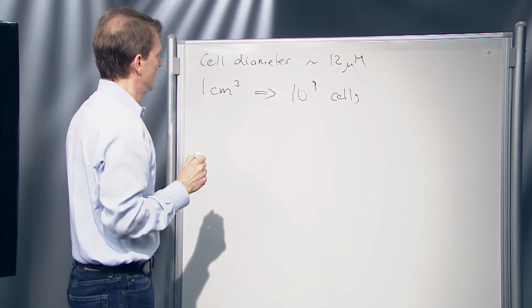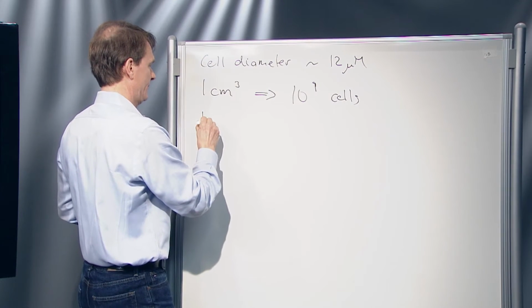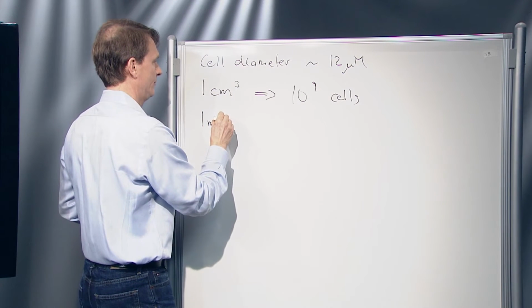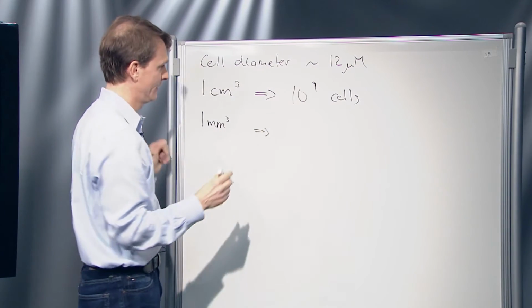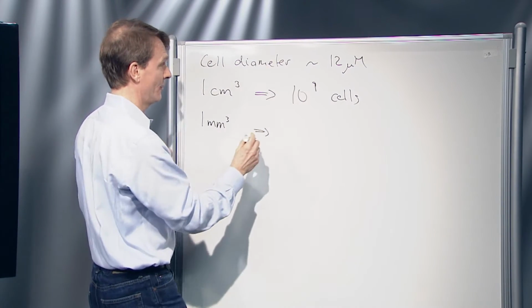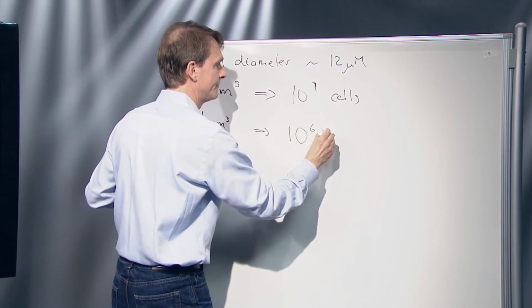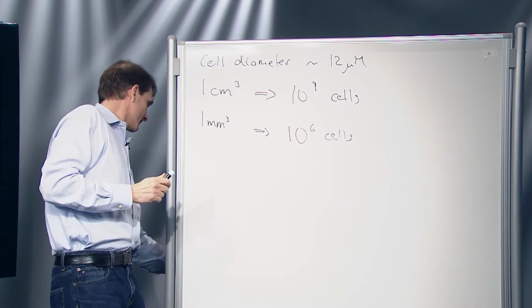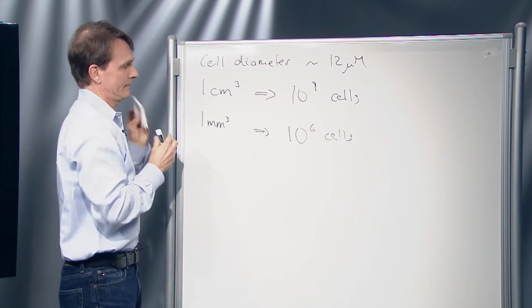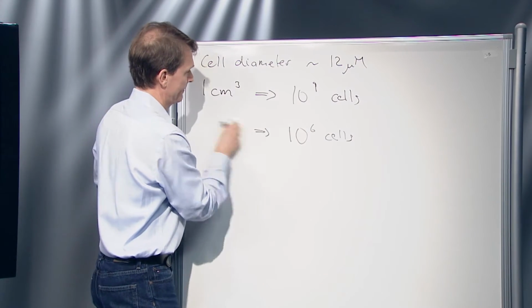A cubic millimeter, which is, you know, a mighty small bit that you might just barely see if your eyesight is as bad as mine is nowadays, is still 1 million cells. Now, a cubic centimeter, 1 billion cells.